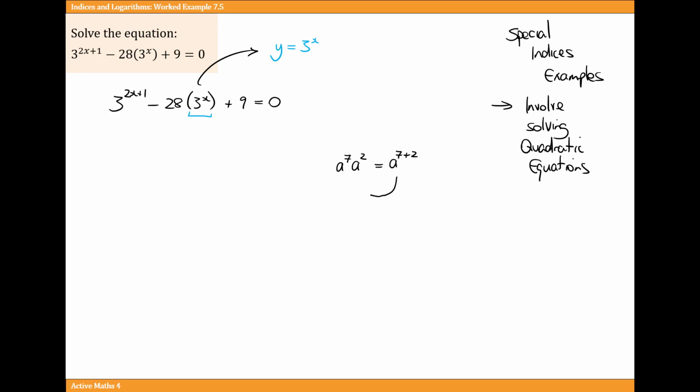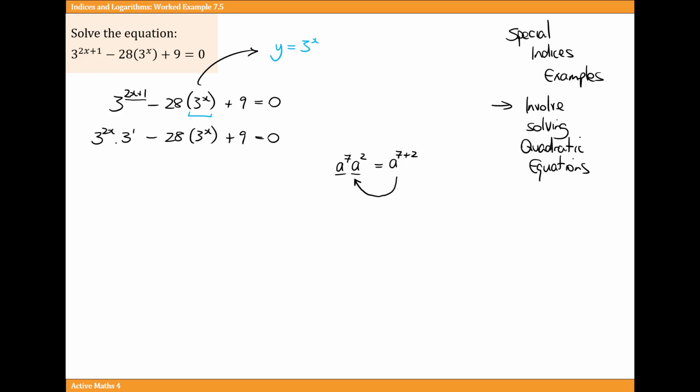But we can also work backwards and go the other way. If we have the sum of two things in a power, we can split them again into their two separate bases. That's what we're going to do with this 2x plus 1. We're going to say that that's 3 to the power of 2x times 3 to the power of 1. We're still going to have our minus 28, 3 to the power of x, plus 9 equals 0.